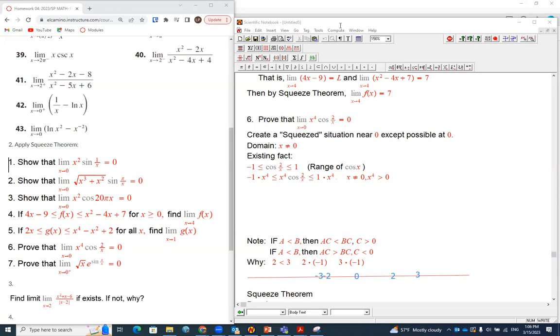I hope I don't create a mess to confuse you. So this is -2, and that's -3. So 2 times -1 becomes -2, and 3 times -1 is -3. So -2 is larger than -3.